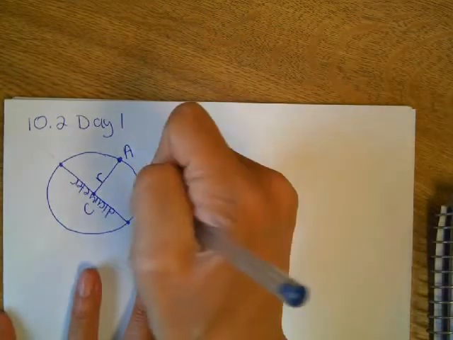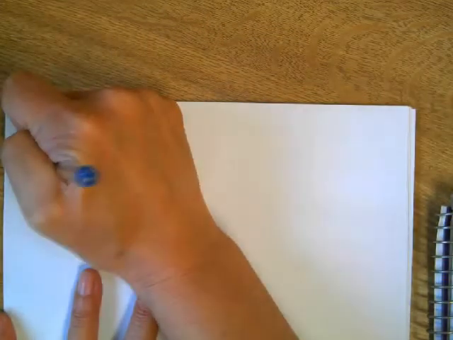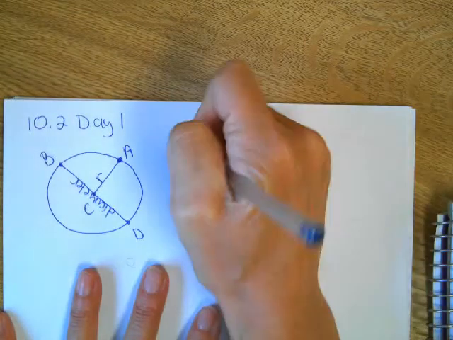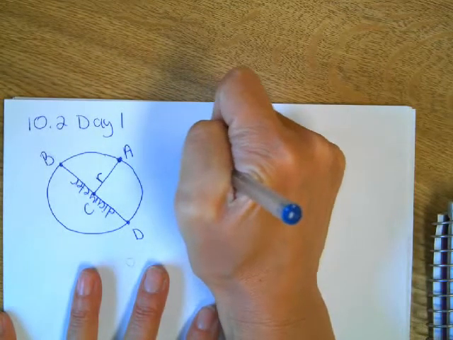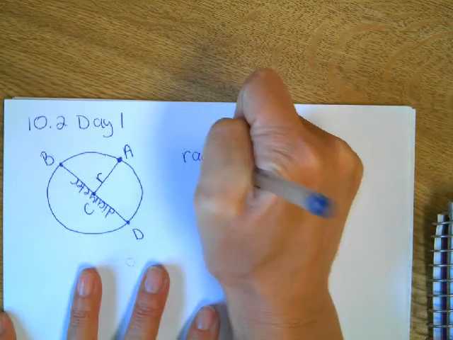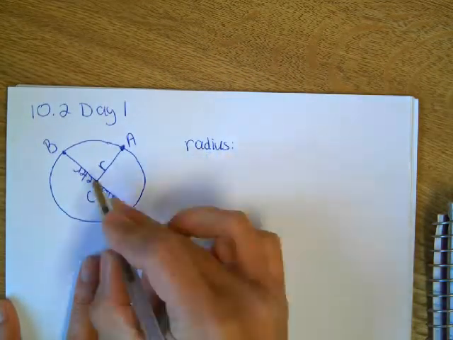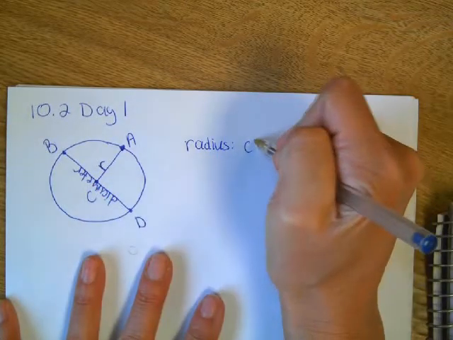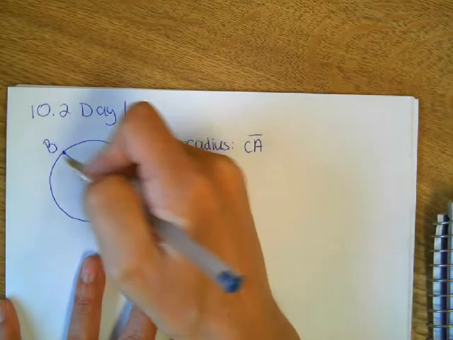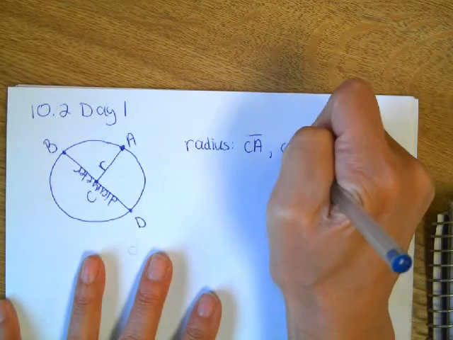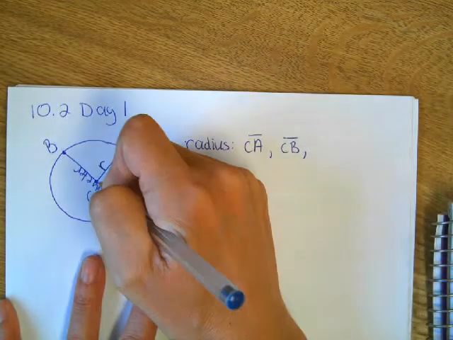But, so, our formulas were going to be, well, first of all, let's go A, B, C, D. So, radius: segments that would represent the radius in the circle would be segments CA, CB, and CD.